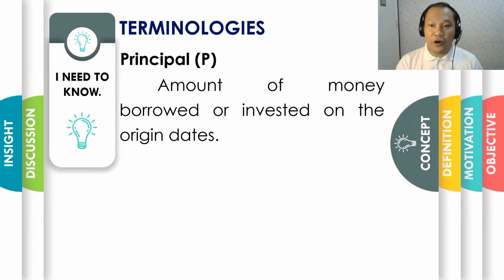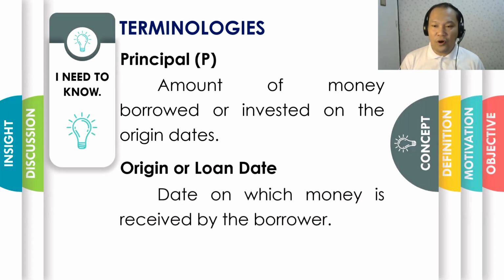Now, we do have origin dates. When we talk about origin dates or loan date, this is the date on which the money is received by the borrower. Okay, ang ibig sabihin, the date na kung saan yung araw na tinanggap yung pera o yung araw na sinave ang pera.